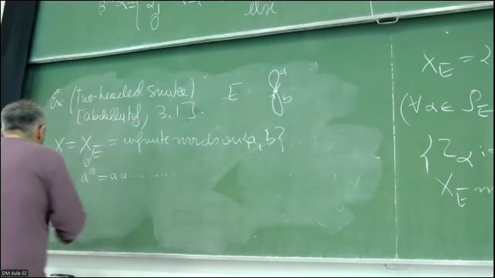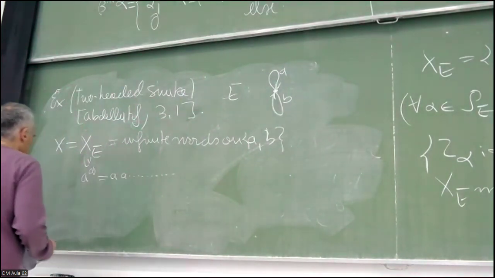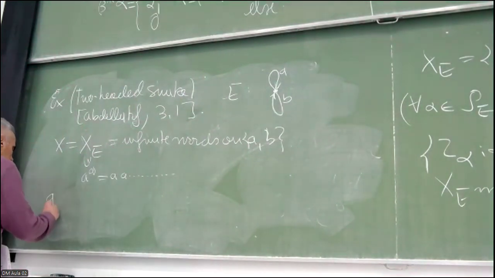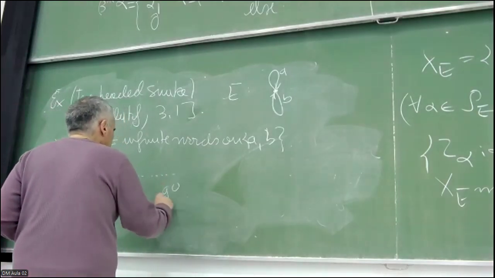So I will call this A infinity. Okay. So I will have a groupoid G with G0 will be X.